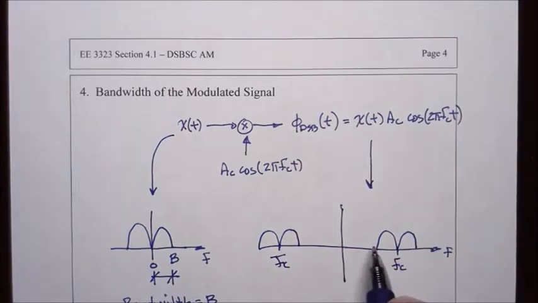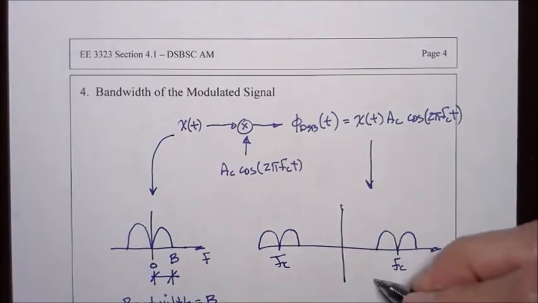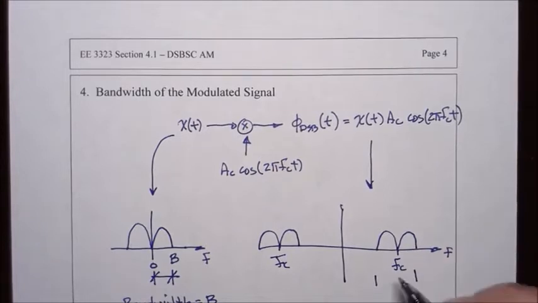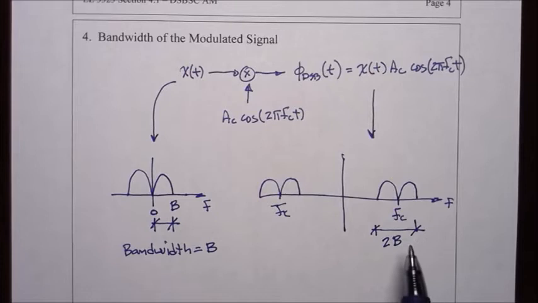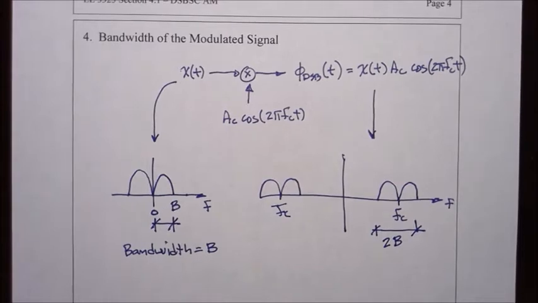Again, if we measure the bandwidth over the positive frequencies, we will measure a total width of 2B. So the bandwidth of the amplitude modulated signal is twice the bandwidth of the original message signal.